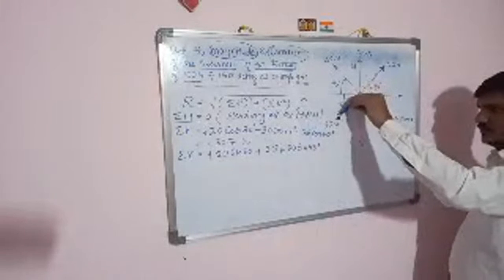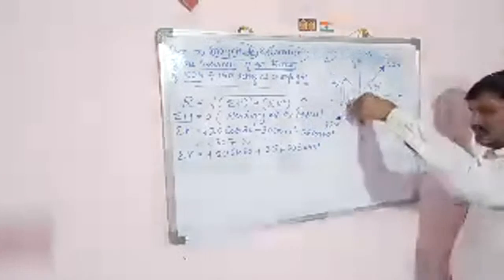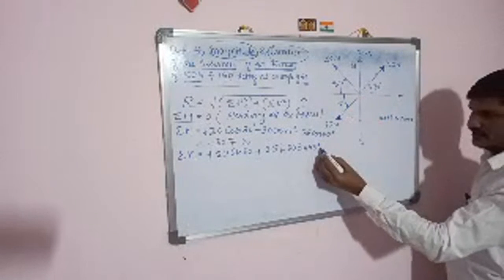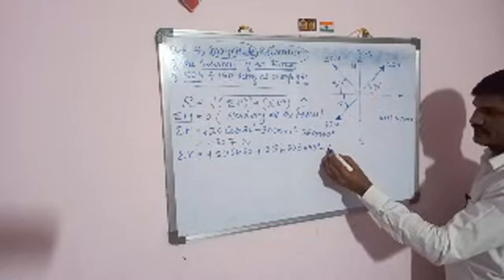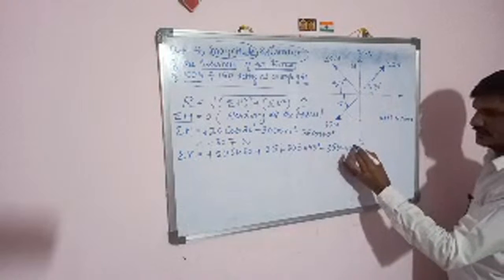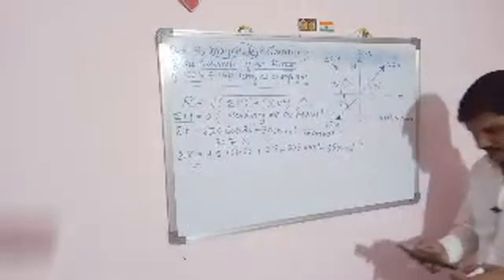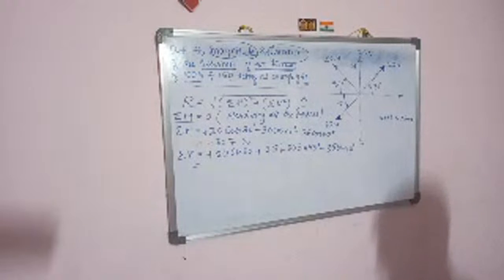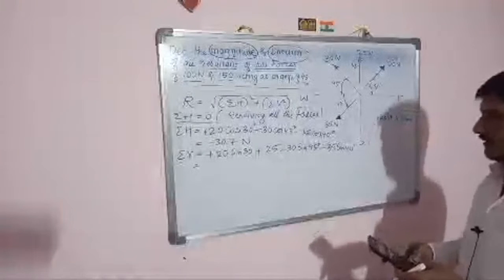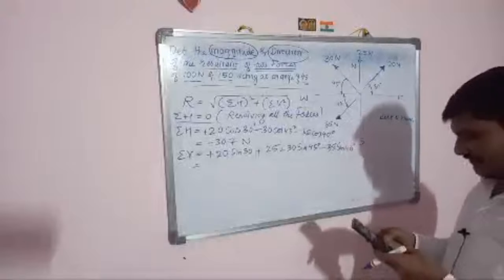Another force 35, if you resolve vertically, the direction of the force is down, so it is minus 35 sine angle is 40 degree. Now let us calculate 20 sine 30 degree plus 25 plus 30 sine 45 minus 35 sine 40 degree.